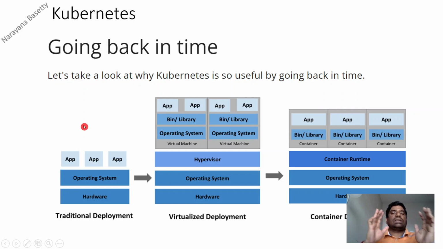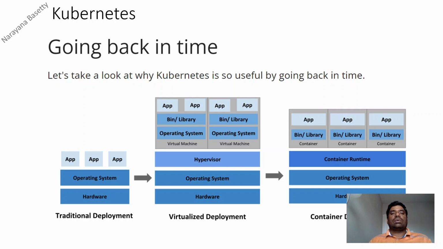Now look at the application hosting eras, from traditional to virtual machine to containerized runtime, and how it has developed. In the olden days, the applications were hosted on the hardware, and then there would be software running on it, and you host the application. Say this is a Java application, this is a C Sharp application, this is a C++ application.